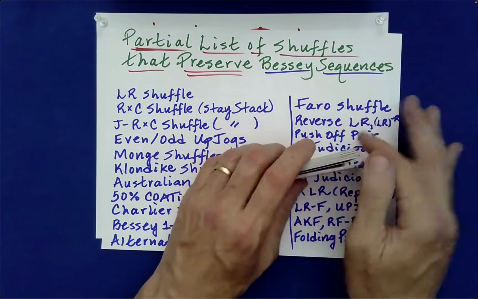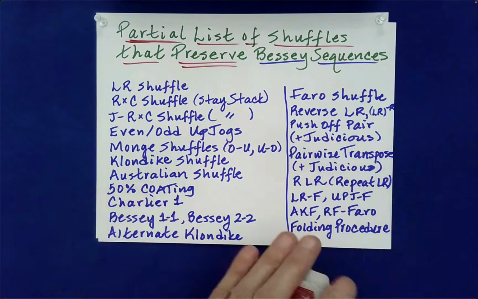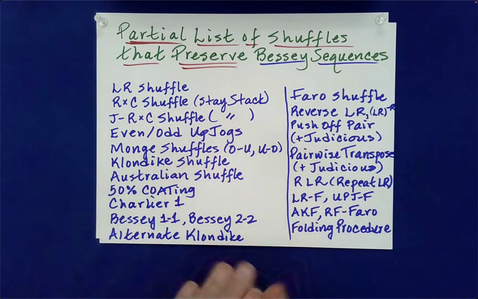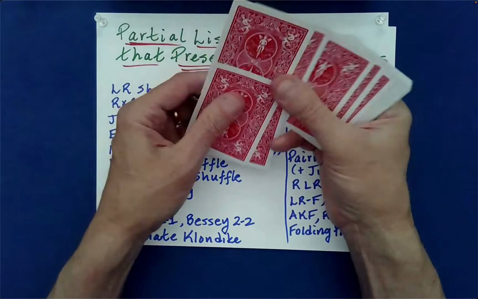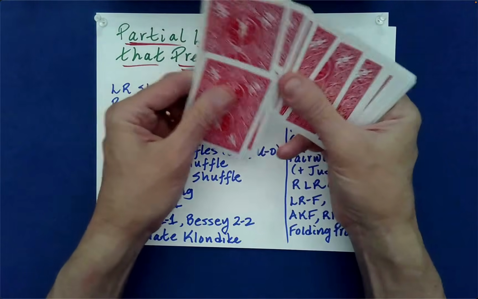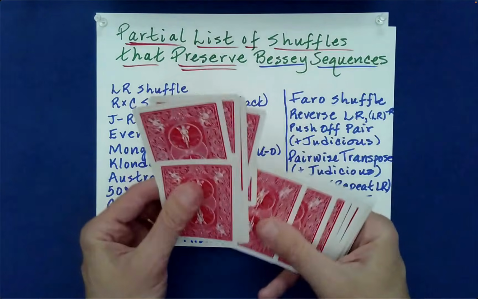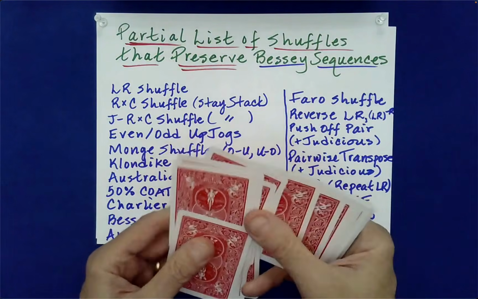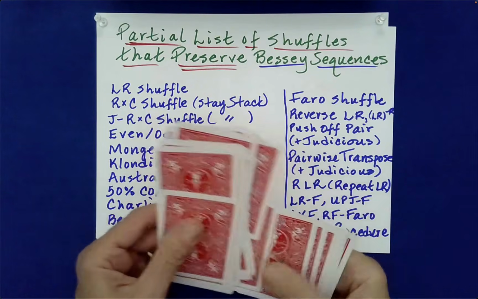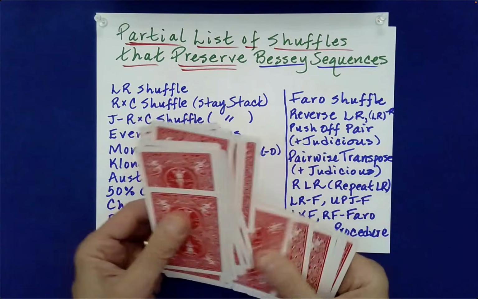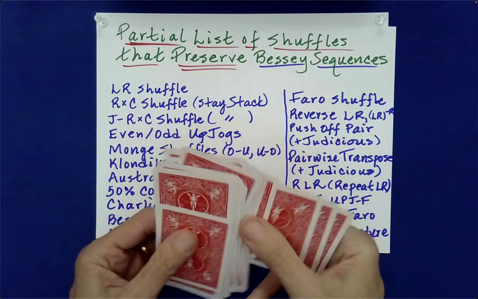Okay, so that's some of the LR or the multiple pile stacking and dealing. We can do even or odd up jogs. You can do as many of these as the spectator calls for, and they can decide, okay, should we stack the left on top of the right or the right on top of the left once we strip these out?